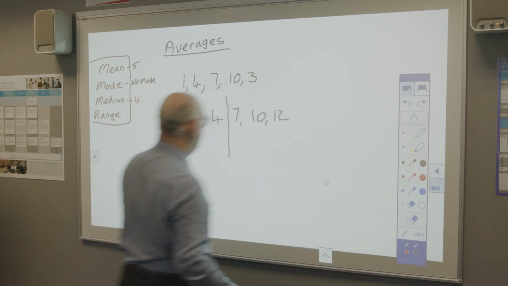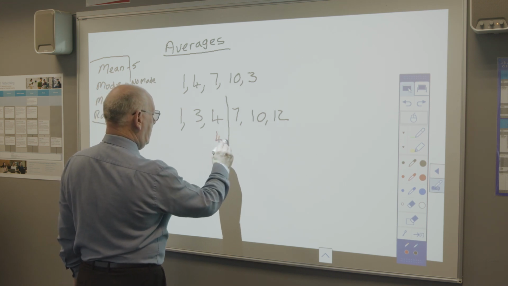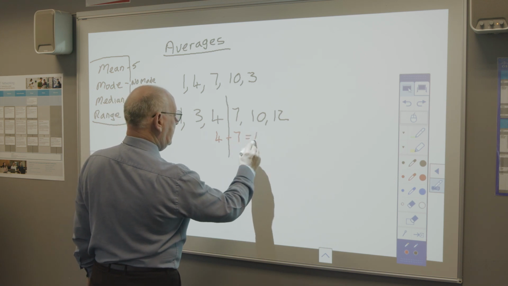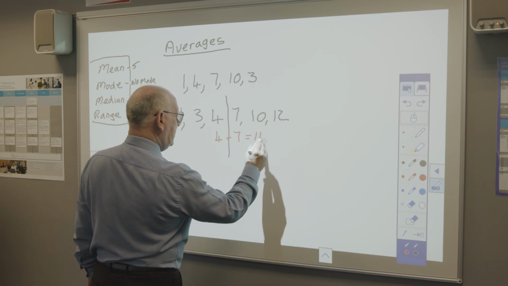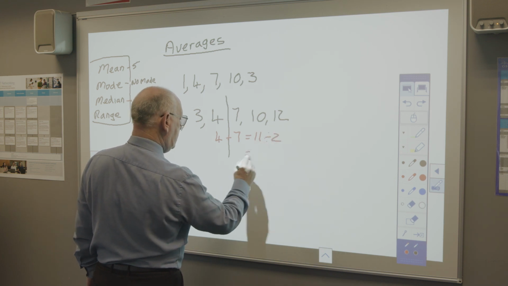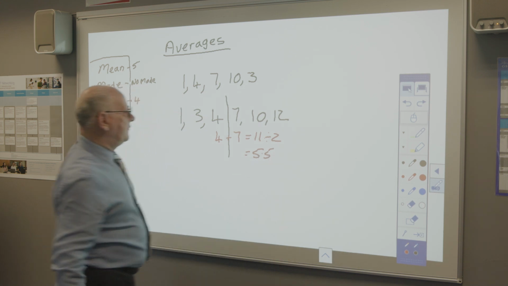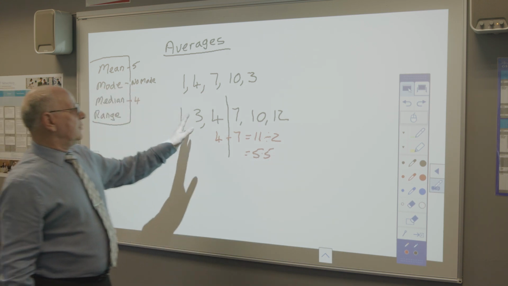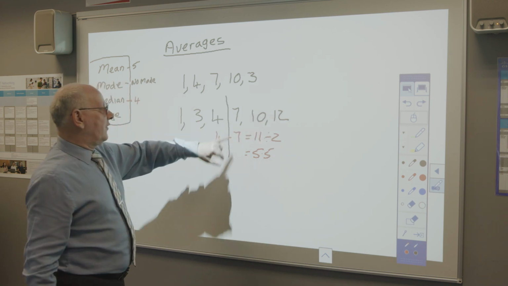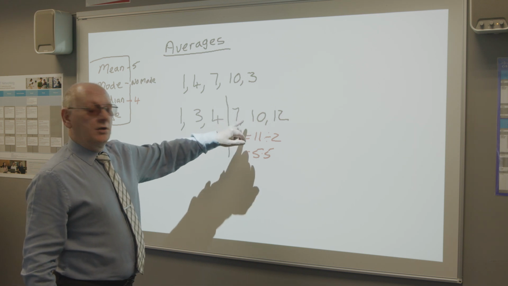So what we need to do is 4 plus 7 is 11. Divide that by 2, and you get 5.5. So the middle number in this list, when I've added the 12, is 5.5.